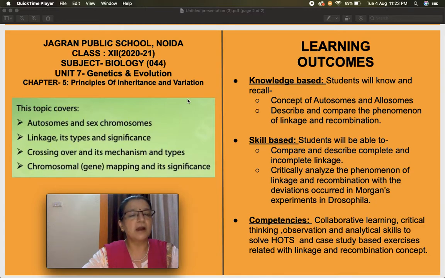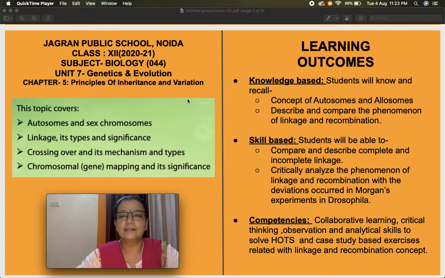In this part 8 of this chapter, I will cover the topics autosomes and sex chromosomes concept, linkage and its types and significance of linkage, crossing over and its mechanism and types, and chromosomal gene mapping and its significance in understanding the concept of principles of inheritance and variations.